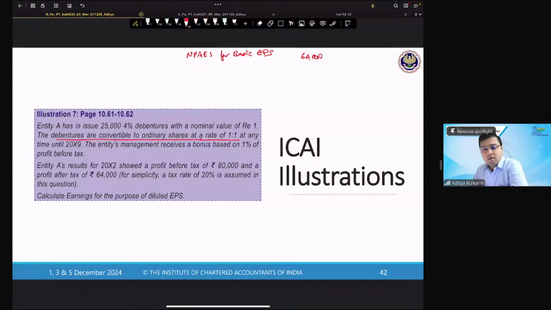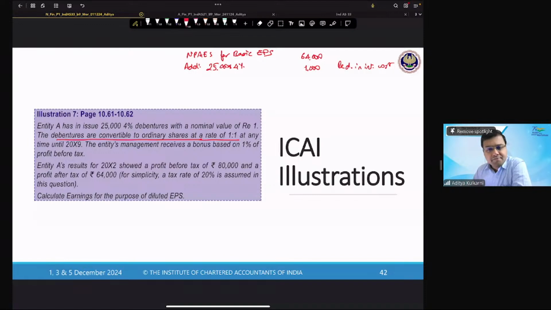Sir, interest will be added back. That's right. So 25,000 into 4% is the reduction in interest cost. How many of us agree with this? Yes.